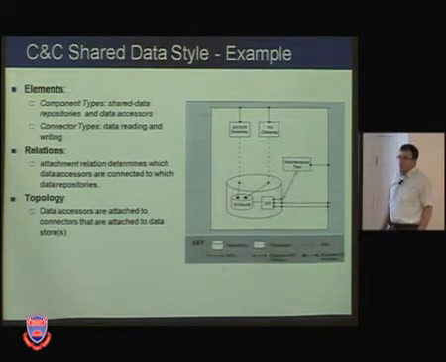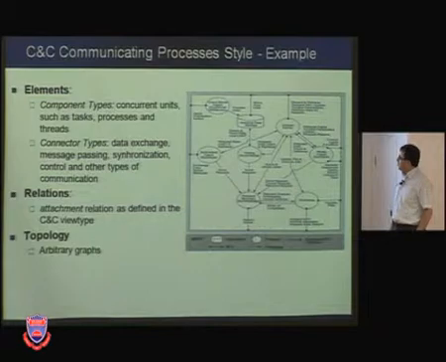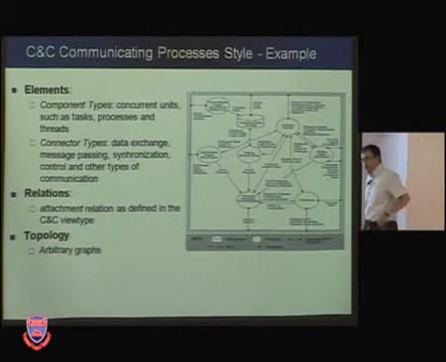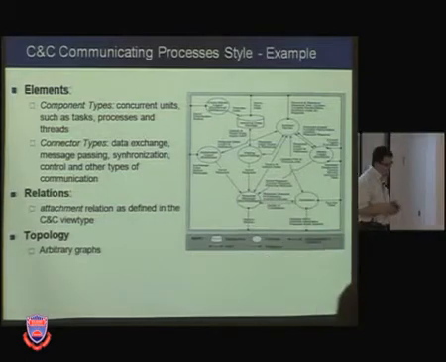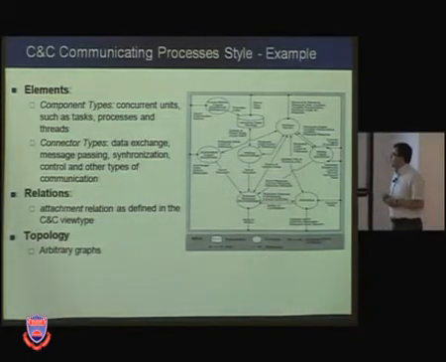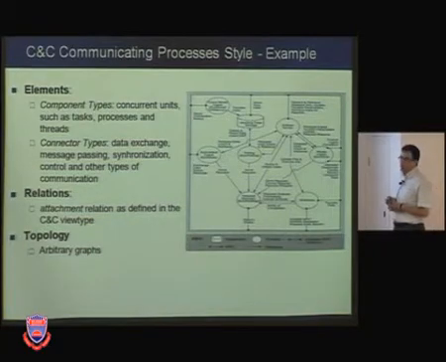Again, this is one example of a style. This is the C&C communicating processes style, where you focus on the runtime view. Your elements here are processes. The component types are concurrent units such as tasks, processes, and threads. The connector types are data exchange, message passing, synchronization, control, and other types of communication.